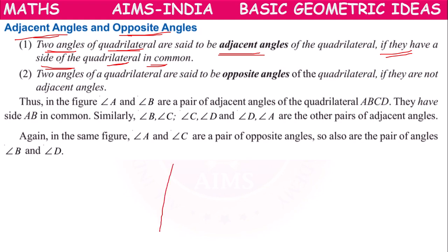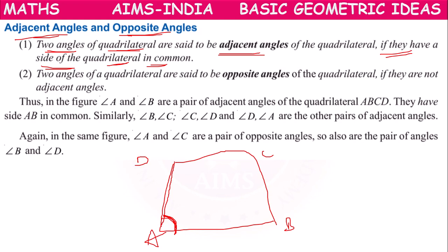Suppose we have A, B, C, D, quadrilateral here. Suppose angle A. Actually, angle A is formed by what? Angle A is formed by these two line segments.